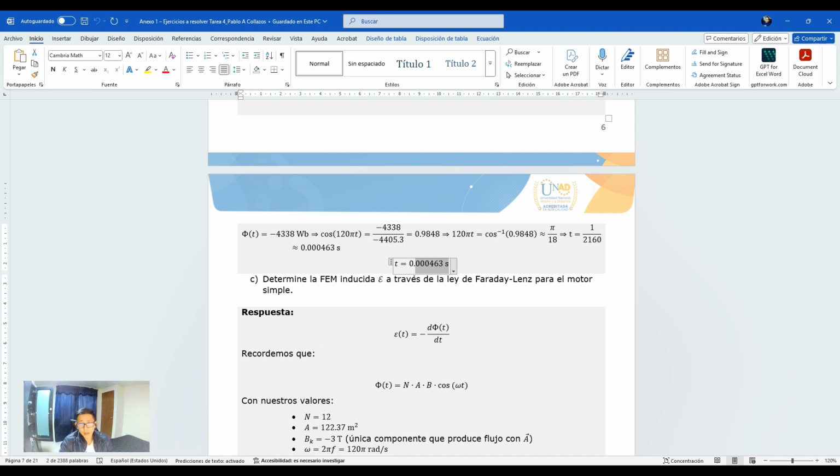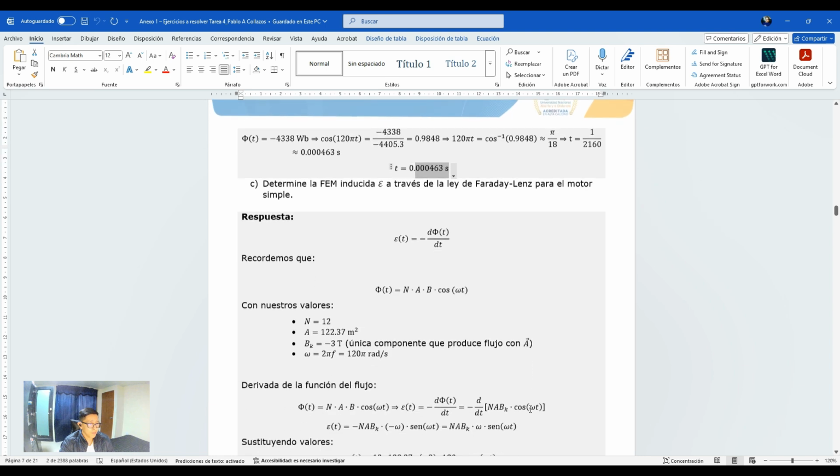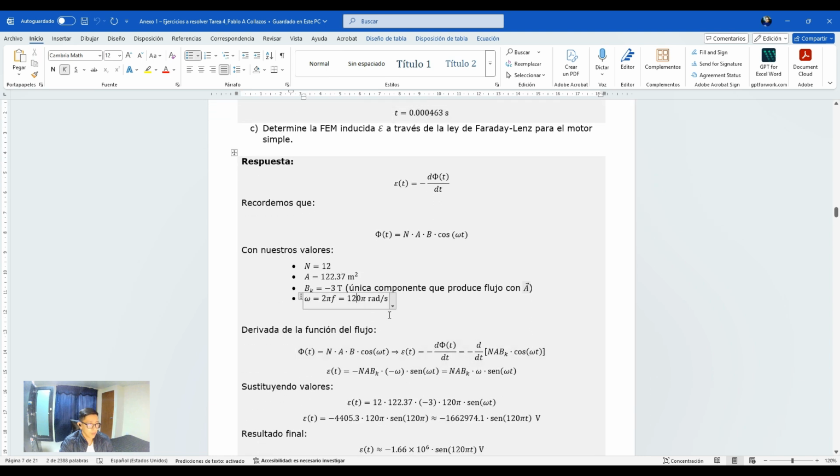So the derivative is epsilon equals positive 4,405.3 times 120 pi times sine of 120 pi t. That gives epsilon approximately equal to the given value in volts.